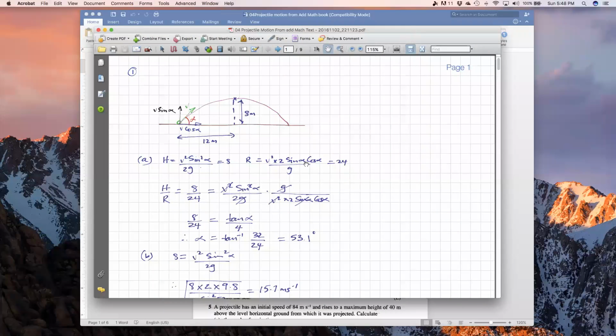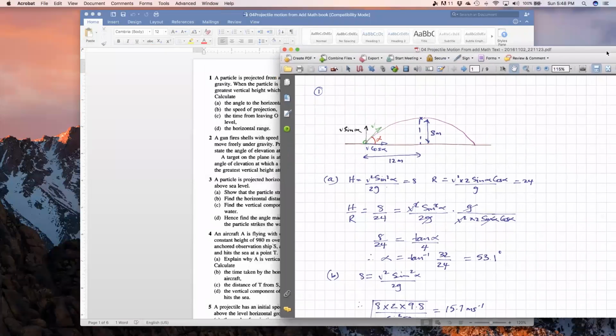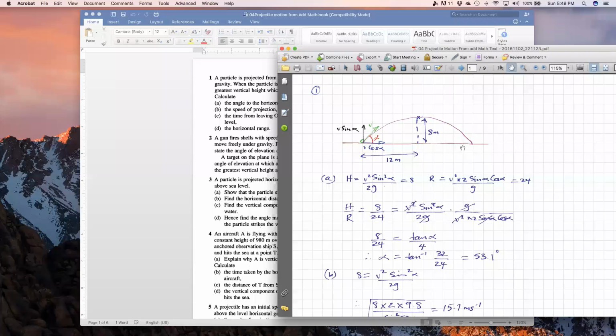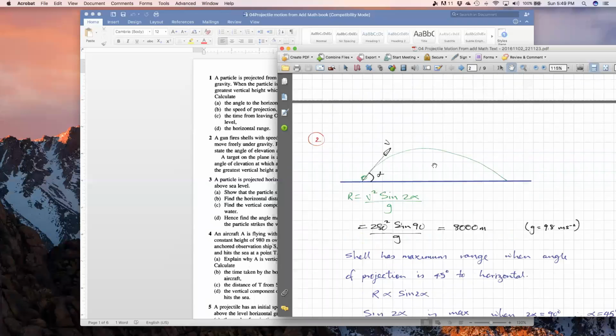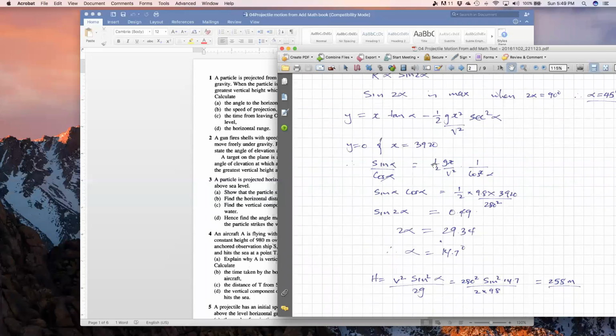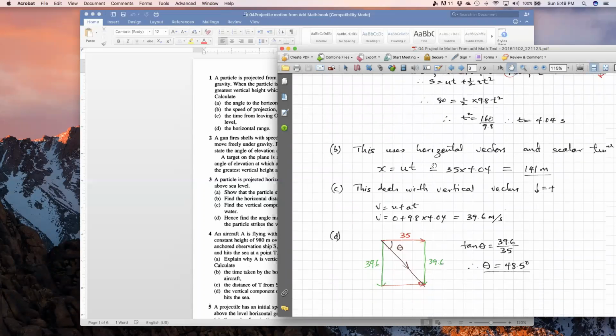So this is the solution document, if you will. For this, I try to illustrate it so you will follow exactly what I'm doing. And I do detailed solutions, all right? I hope you follow them.